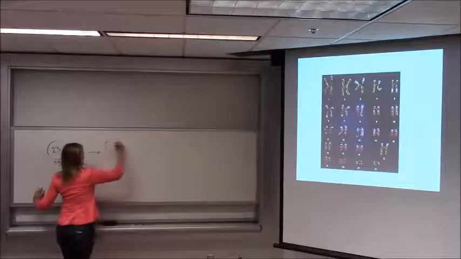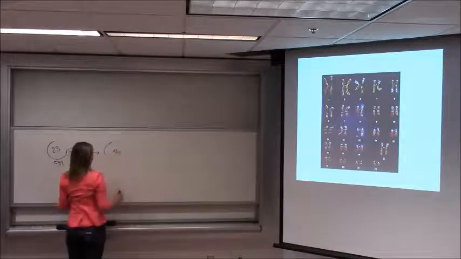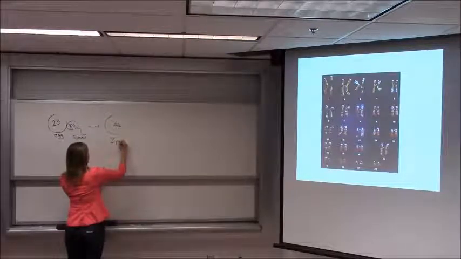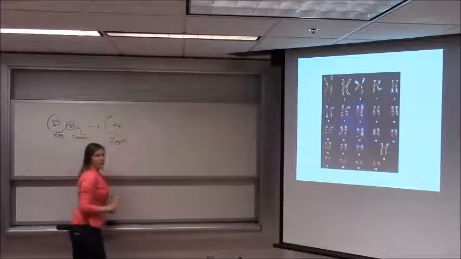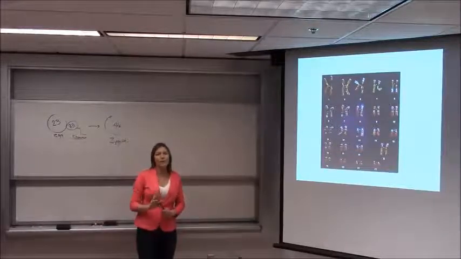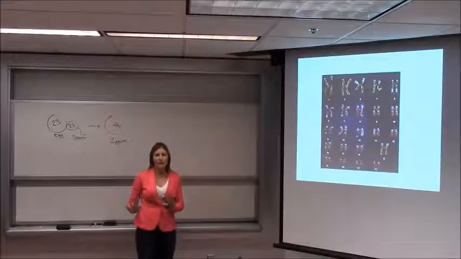And that ended up producing what we call a zygote with 46 chromosomes, 2 of each. So we got 1 full set from mom and 1 full set from dad, if everything went well.